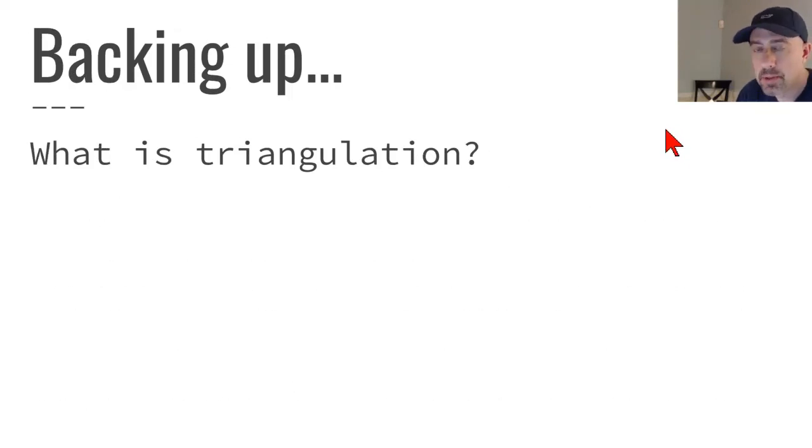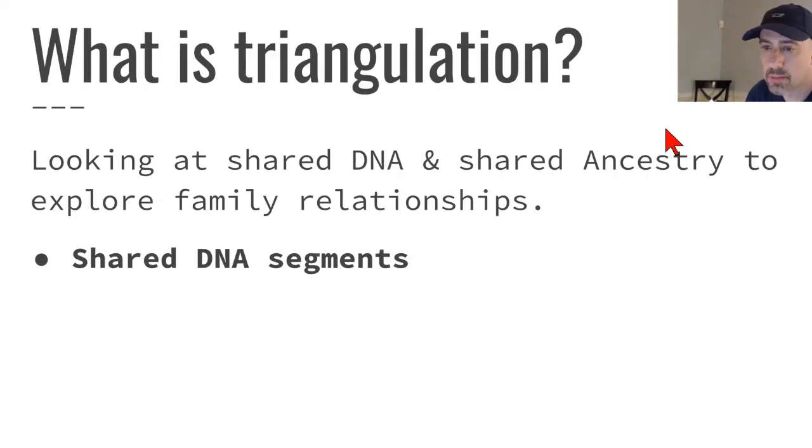So just to back up a little bit, for those of you who may not be deep into triangulation, I'll tell you what triangulation is. This could be a short refresher for some of you. Triangulation is simply a process of looking at shared DNA matches and shared ancestry to explore family relationships.